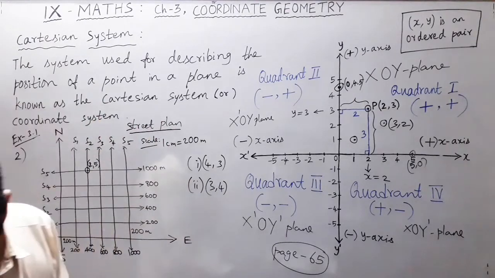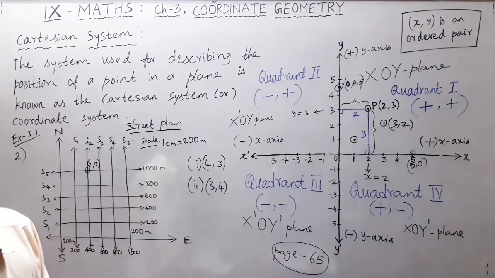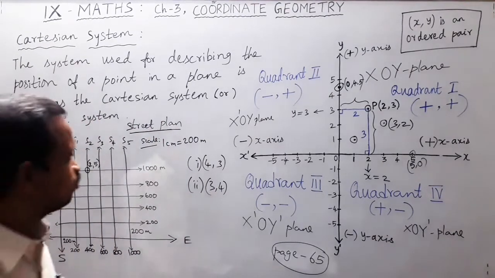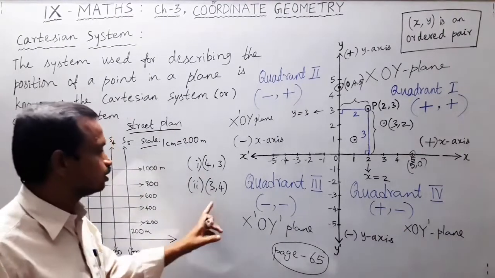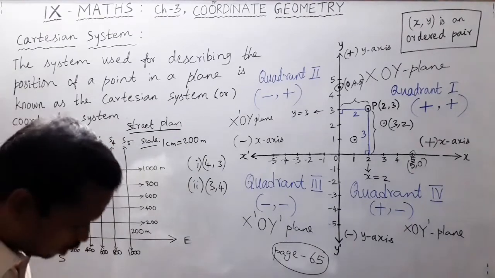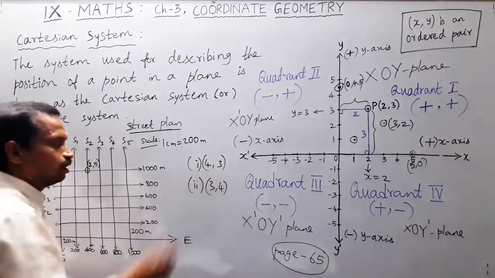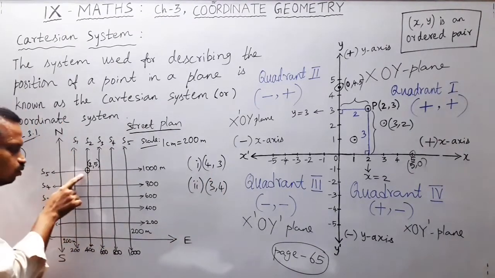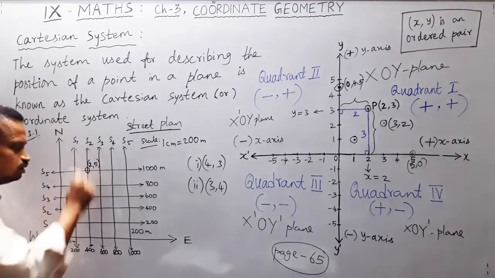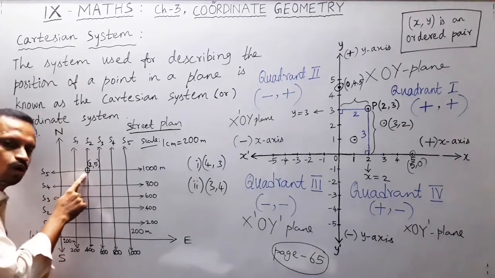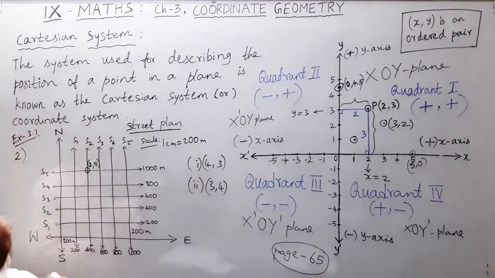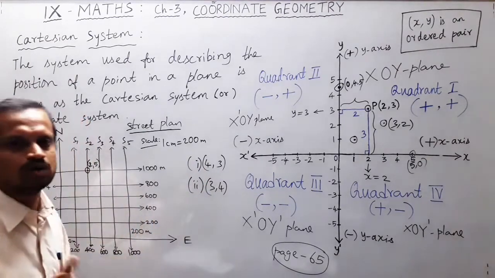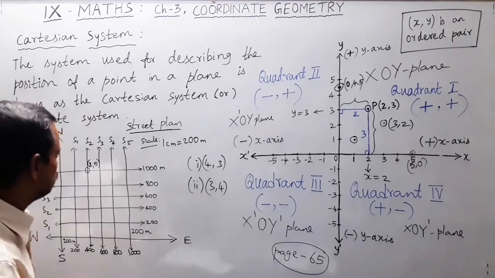So they are asking how many cross streets can be referred to as 4, 3, and in option 2, how many cross streets can be referred to as 3, 4. You see, 2, 5 means only one cross street is there. These 2 are the cross streets, and only one cross street we can get. So 4, 3 means how many? 3, 4 means how many cross streets can you get? So like that is the question.